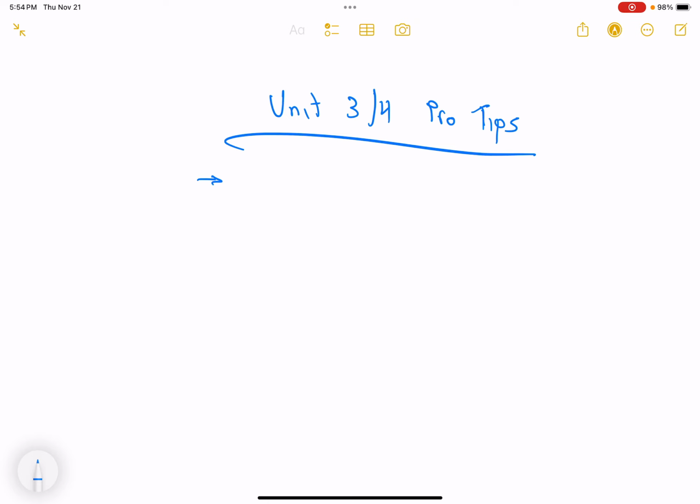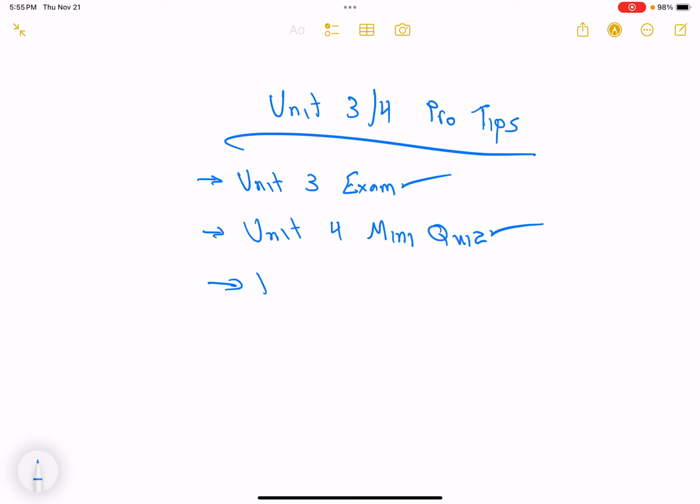Here's our situation. 1, you should go through the Unit 3 exam. Make sure you know that inside out and backwards. 2, the Unit 4 mini quiz. Go through that, make sure it's clear, and of course, the review guide.